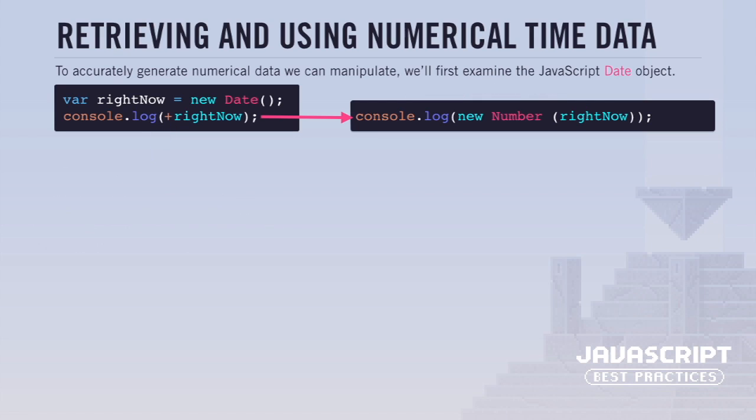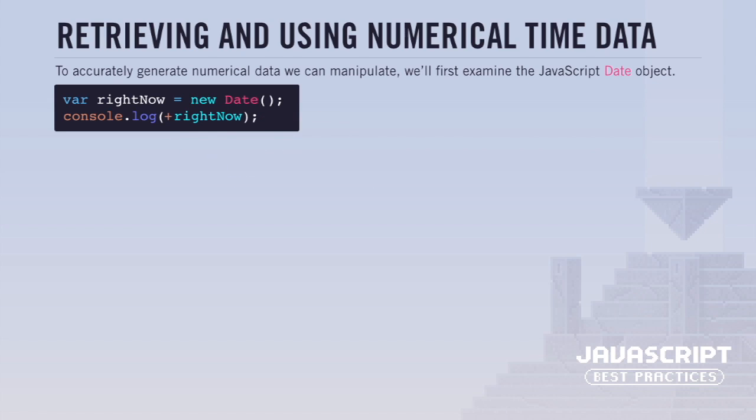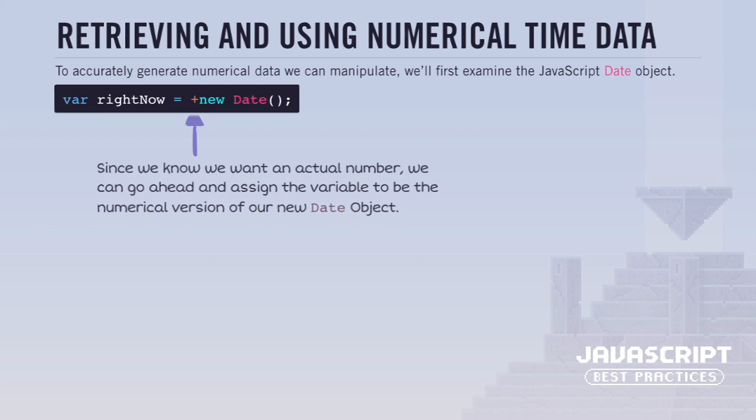And now when we get that logged out, we see that we get something like 1 trillion milliseconds. So you know, there's a few of those in there. Now, since we know we already want an actual number and not all of that interesting date data, we can go ahead and assign the variable to be the numerical version of our new date object just by moving that plus over to be in front of the call to new date.